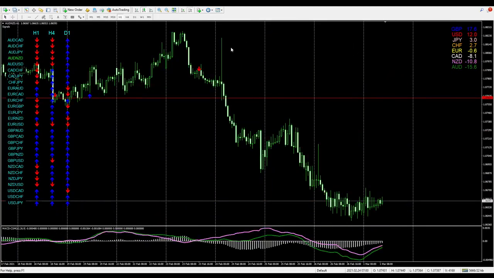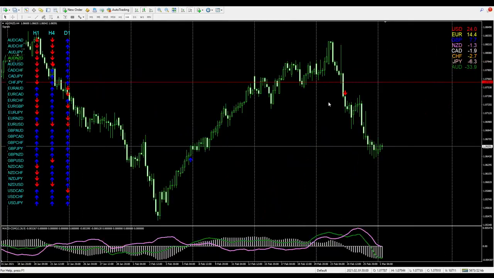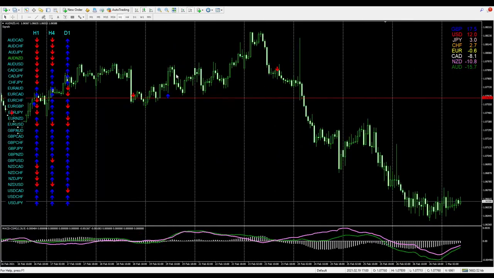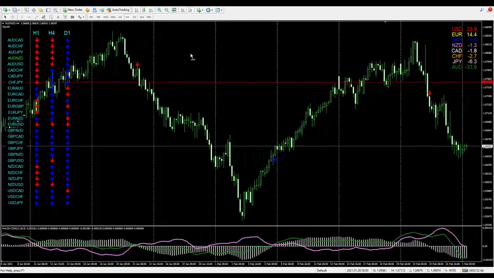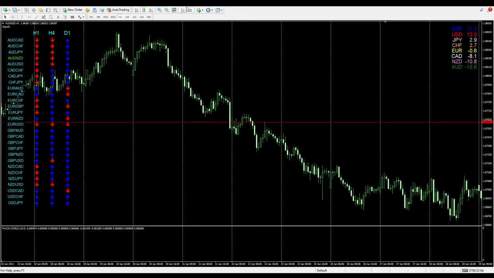On AUDNZD, the general trend is a buy. On H4, it was a buy only around this time, but actually on H1, I know there is no trade. But if we check this thoroughly, around this time, this was still a buy around Monday.